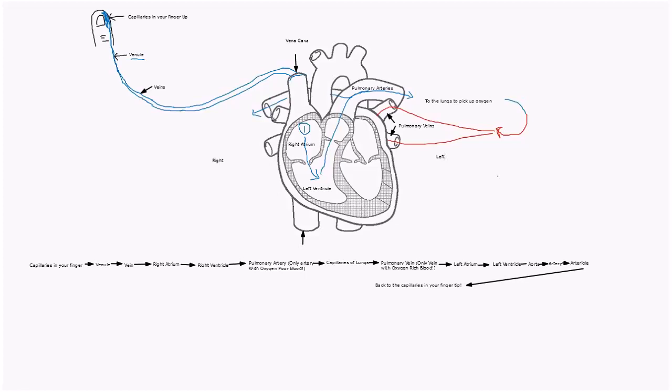So after we've been to the lungs, we are now entering back into the heart, into this guy, which is the left atrium. Right here. So that's this left-sided chamber of the heart.